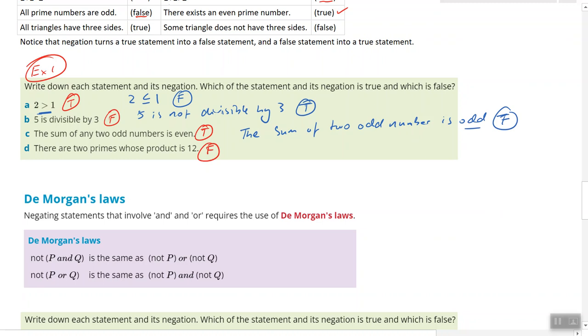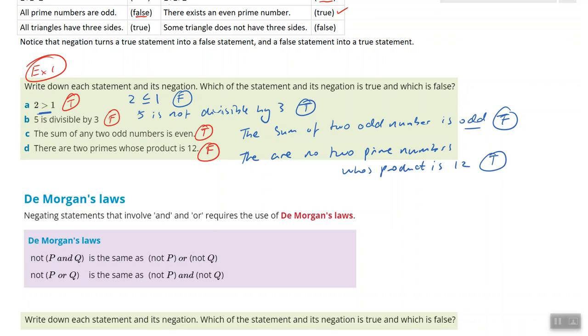There are two prime numbers whose product is 12. There are no two prime numbers whose product is 12. Okay, and that's true. Okay, so that's basically a basic overview of how you negate a statement.